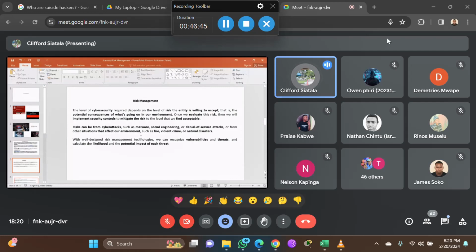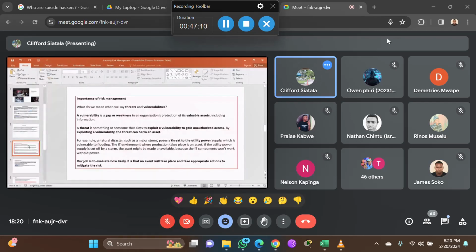So risks can be from cyber attacks such as malware, social engineering, denial of service attacks, or from situations that affect our environment like earthquake, fire, crime, natural disasters. So those are the importance of risk management. What do we mean when we say threats and vulnerabilities?